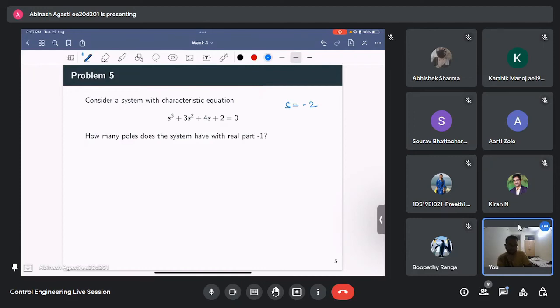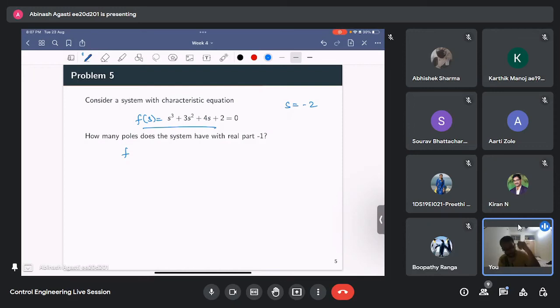Things like that. So let's say this is f(s) equal to this. I am taking f(s) as the characteristic polynomial. Now I want to find out how many poles does the system have with real part -1.